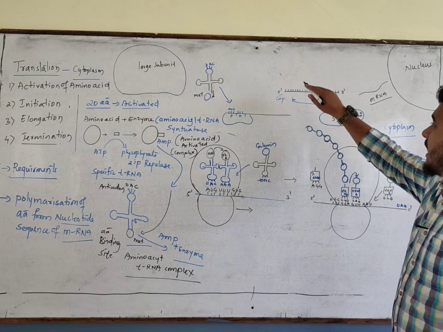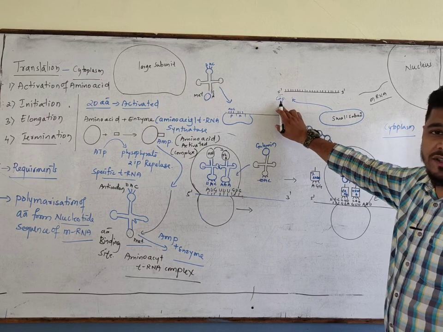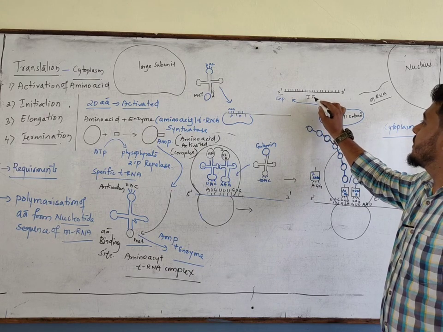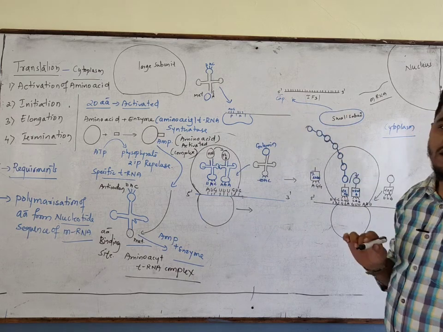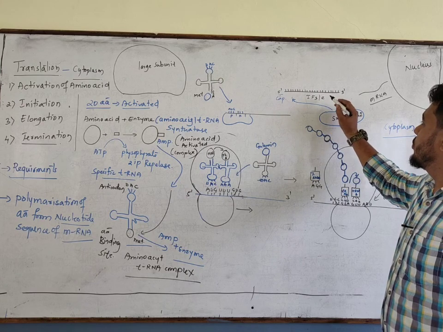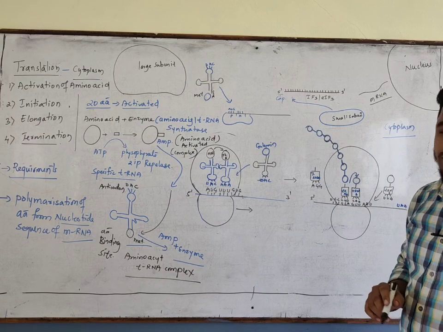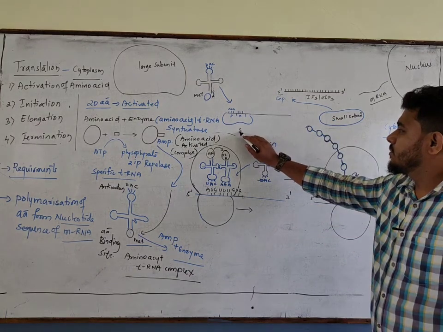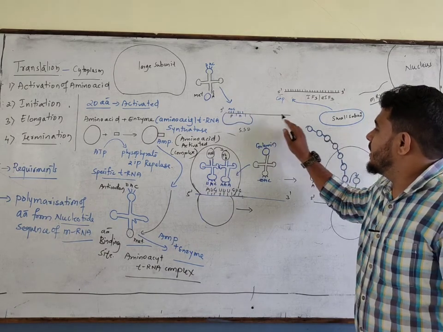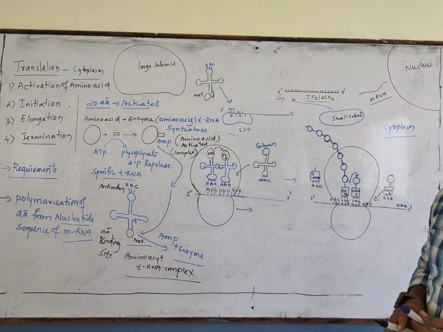Okay, and this attachment of the small subunit to the cap region of mRNA is by initiation factor 3 in case of prokaryotes, and in case of eukaryotes, eukaryotic initiation factor 3. So this small subunit attaches to the mRNA at the 5' end with the help of this factor.